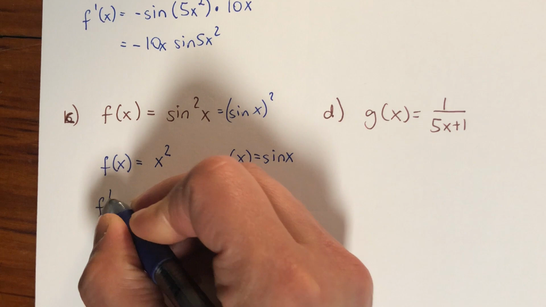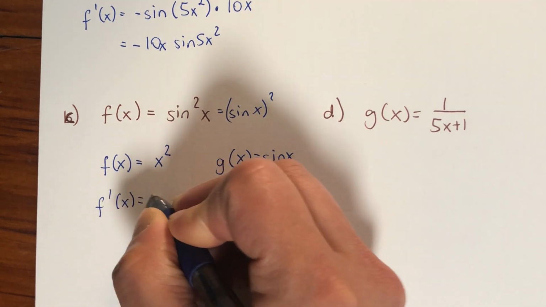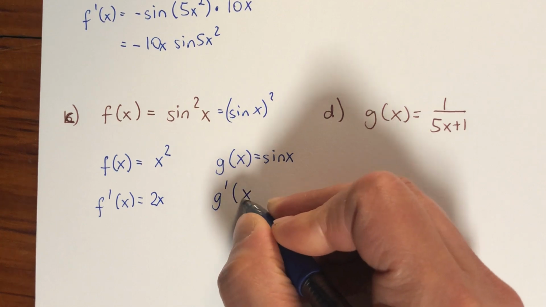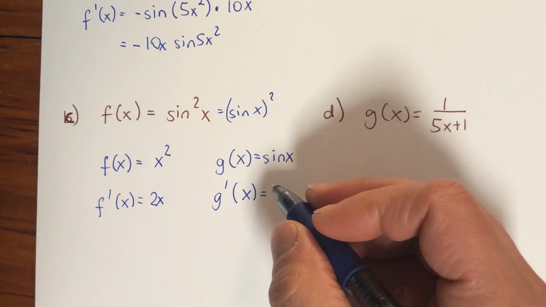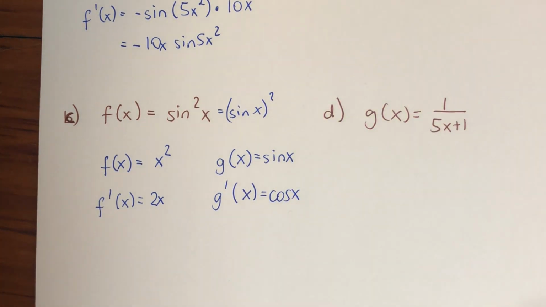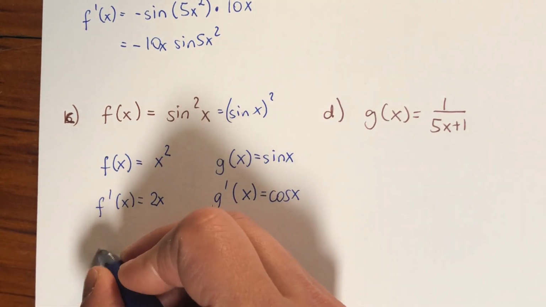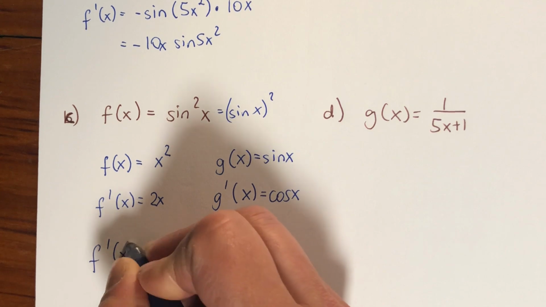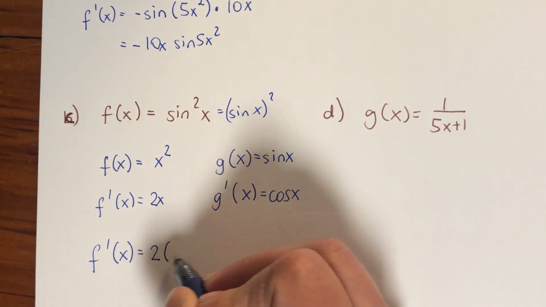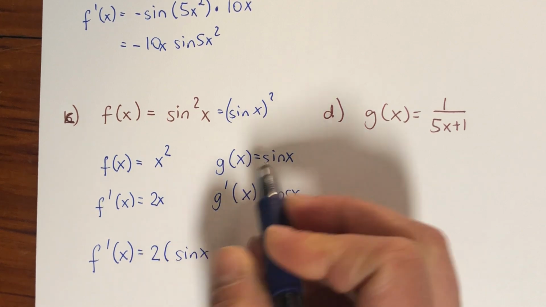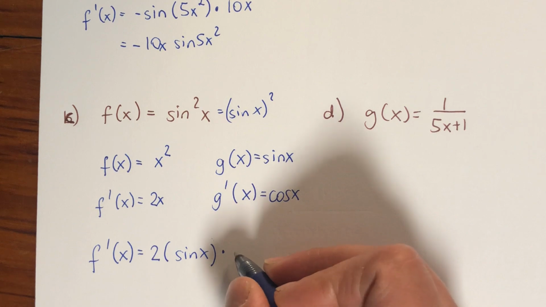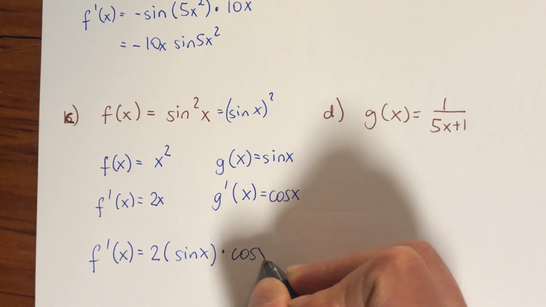Now the derivative of the f function is going to give me 2x, and the derivative of the g function is going to give me the derivative of sine, which is cosine. Again, we proved this the other day. And now if I put it all together, I am going to have 2 sine of x, plugging this in place of x in the f function, times the derivative of the g function, which is cosine of x.